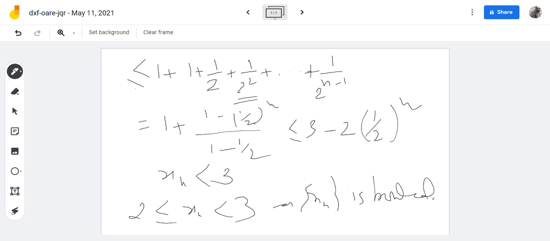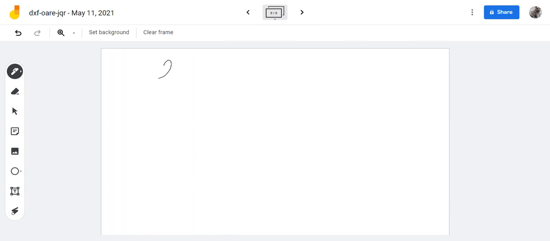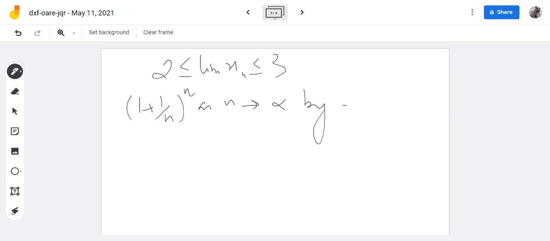Okay, since xn is monotone increasing and bounded, it is convergent, and the limit always lies between 2 less than or equal to limit of xn less than or equal to 3. The limit always lies between this. Okay, and we denote the limit of 1 plus 1 by n whole to the power n as n tends to infinity by the letter e.